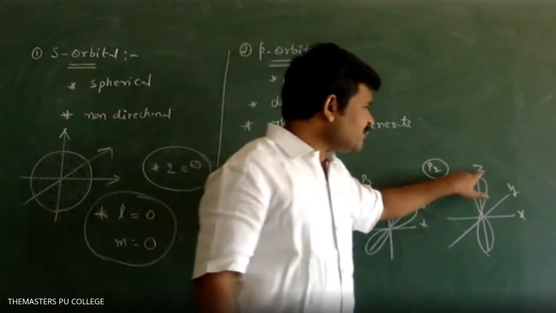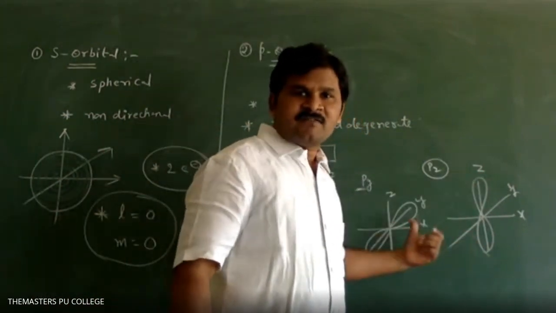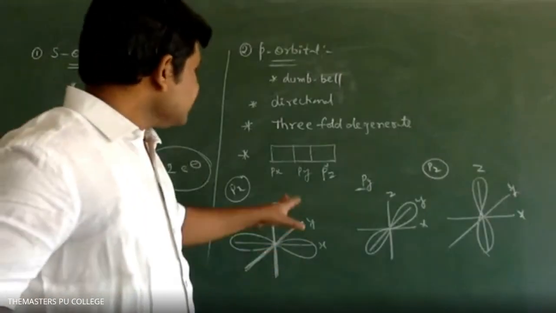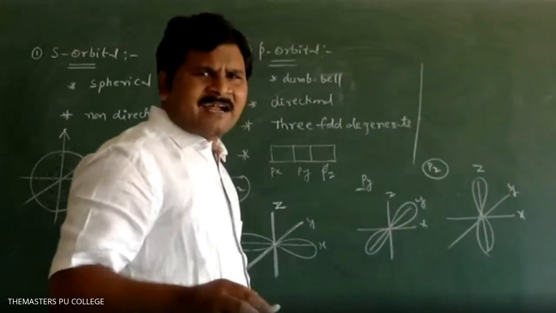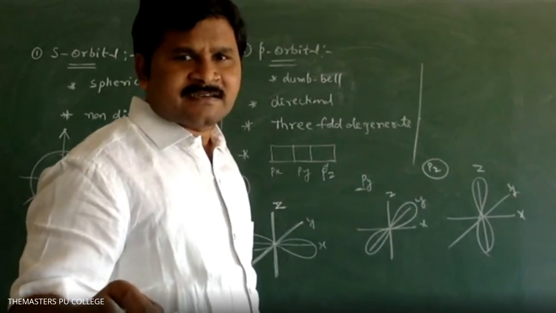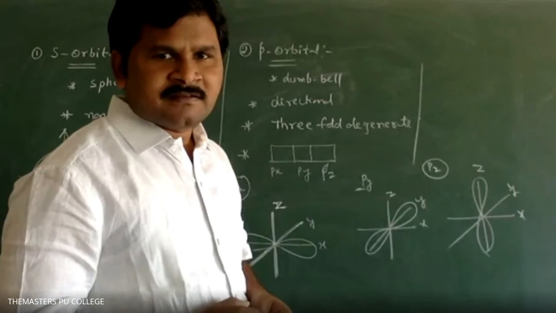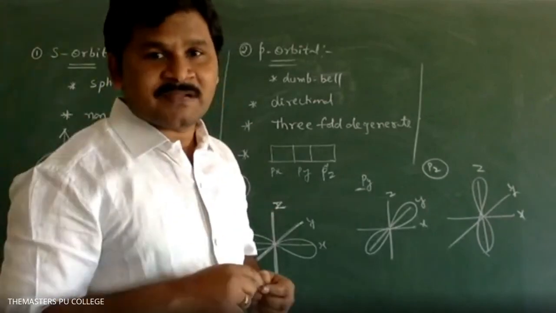For the Pz orbital, the XY plane is the nodal plane. Please write down. I am not telling about axis. Plane I am telling. Plane is different, axis is different. Separating line is called plane. Okay?